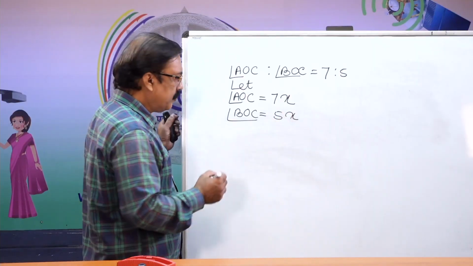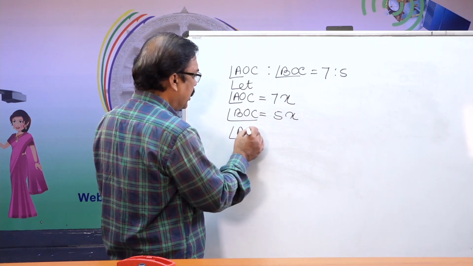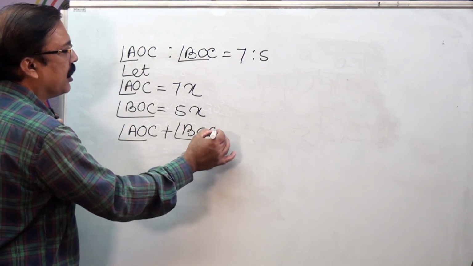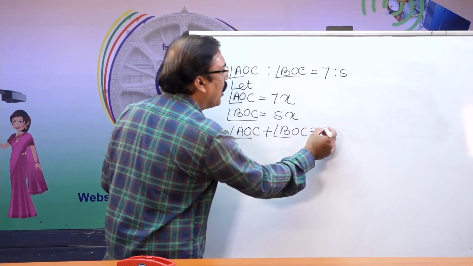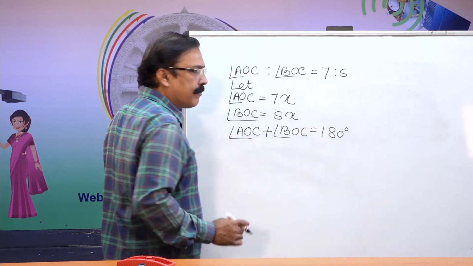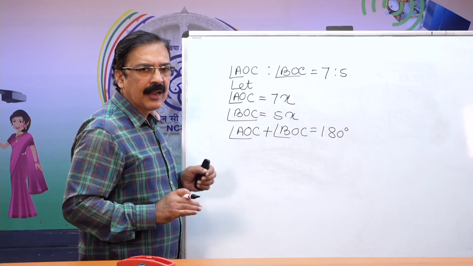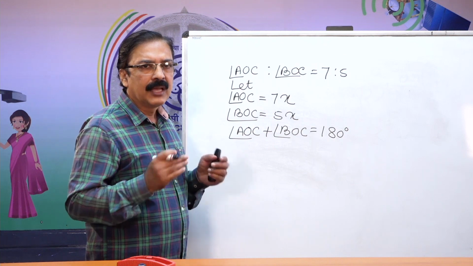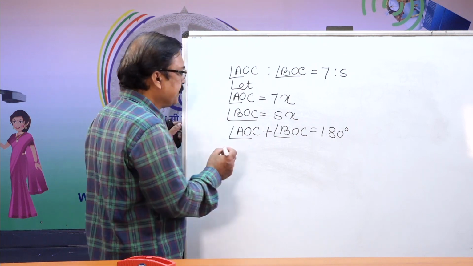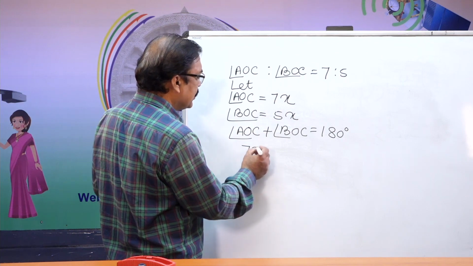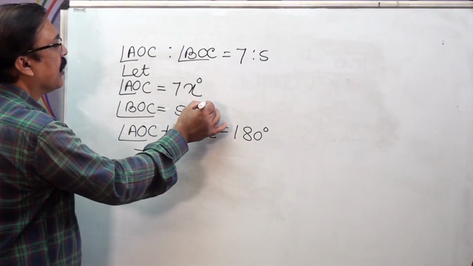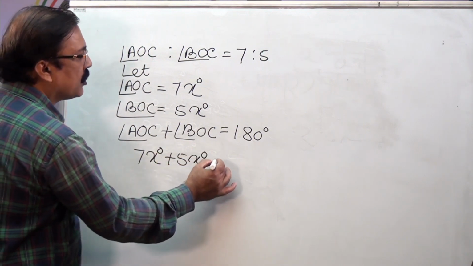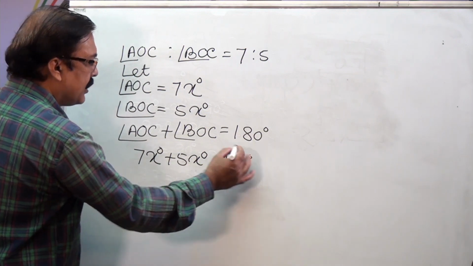As we know, angle AOC plus angle BOC is equal to 180 degrees. Why? Because a ray stands on a line, and the sum of the angles is 180 degrees. So 7x degrees plus 5x degrees, the sum of these two, is 180 degrees.